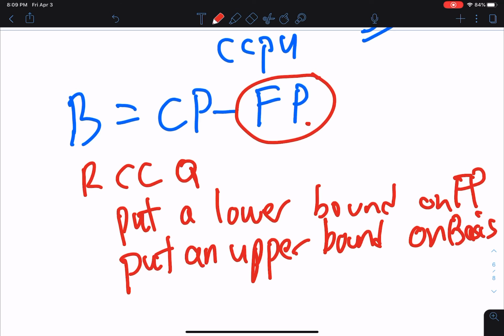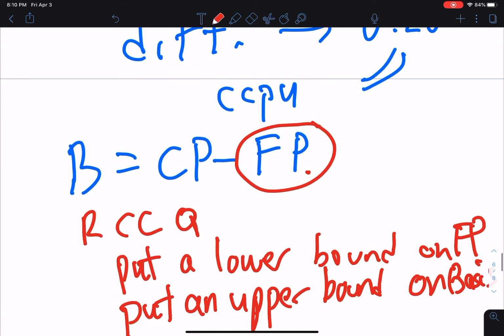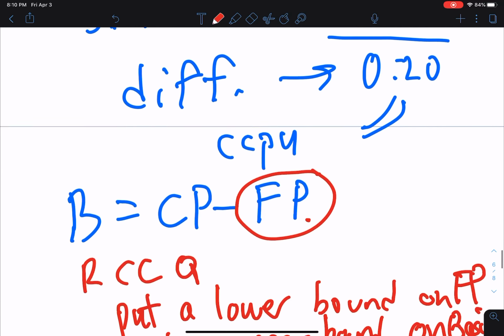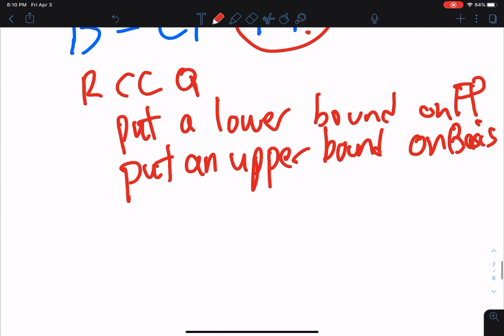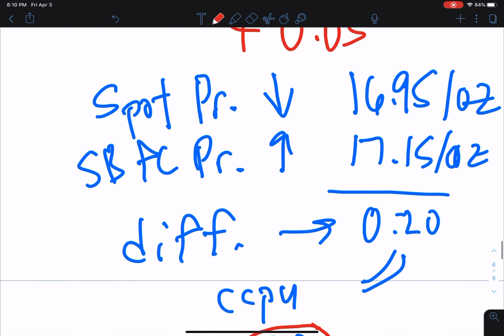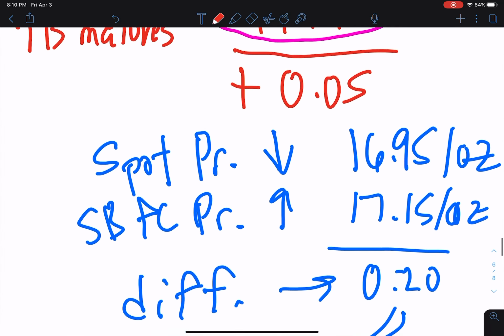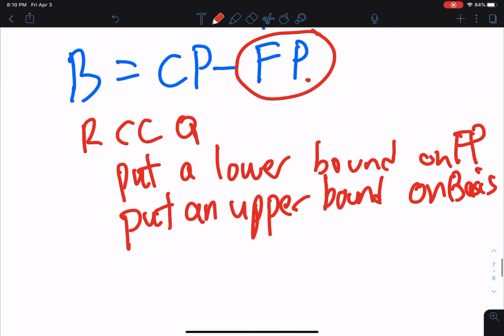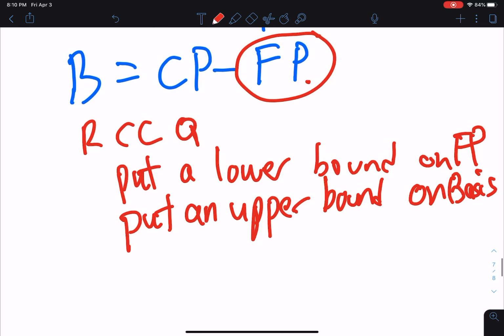Okay, interesting. So this is a reverse cash and carry quasi-arbitrage, and it is an important thing to understand, and that's an example to help you understand that.